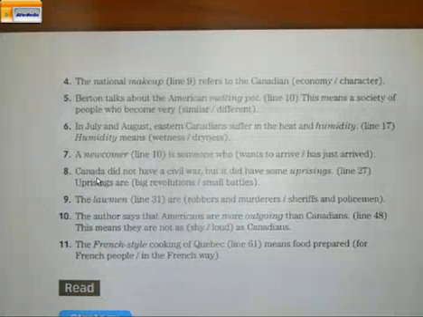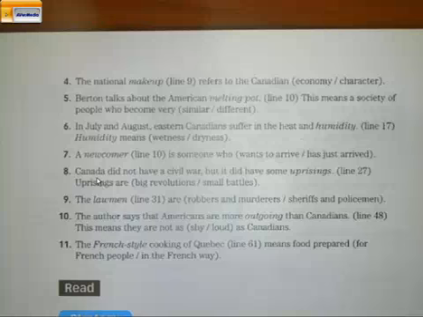Burton talks about the American melting pot. This means a society of people who become very similar, but sometimes melting pot means people coming from different cultures. So you can have it both ways. Melting pot means people coming from different cultures, from different societies, from different backgrounds.